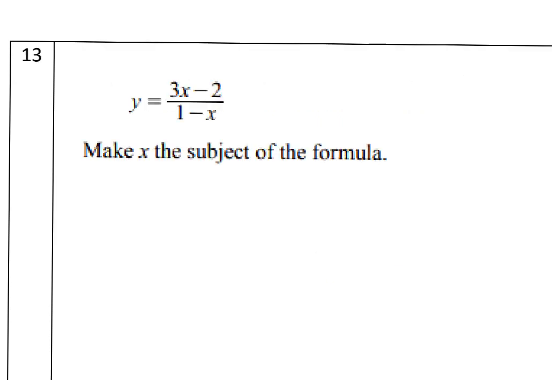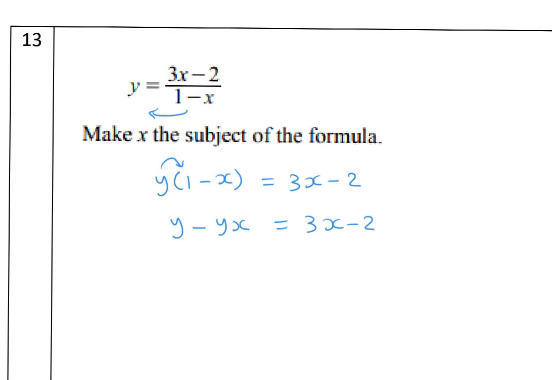We're going to multiply by 1 minus x on the other side. Good job. So y into brackets 1 minus x, so y minus xy. So y times 1, y minus xy equals 3x minus 2. So 3x is going to go to the other side. I need x as the subject, so put x on one side. You have a choice.